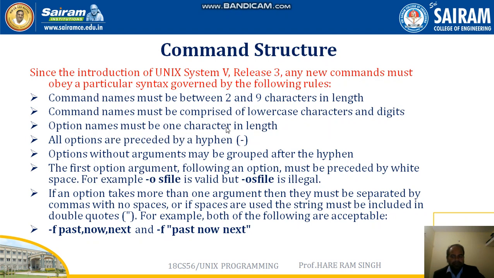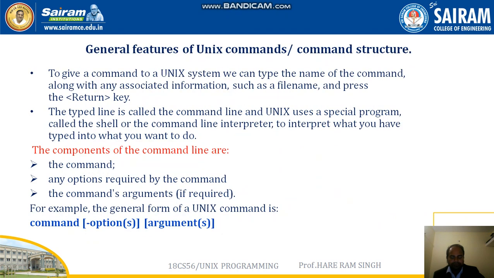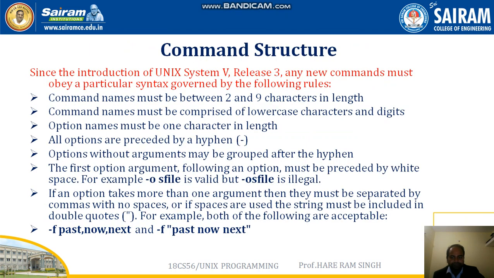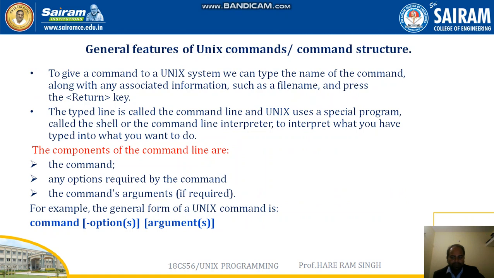The first feature is that command names must be between 2 and 9 characters in length. Command names must be comprised of lowercase characters and digits. Option names must be 1 character in length. All options are preceded by a hyphen. As you can see, that is a command, options, and arguments.